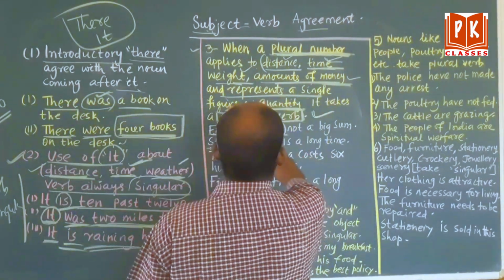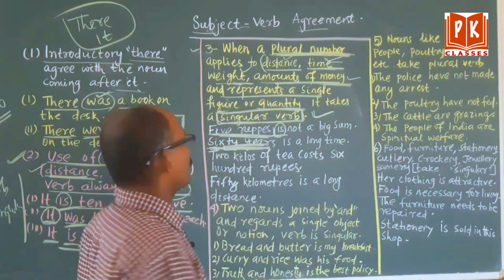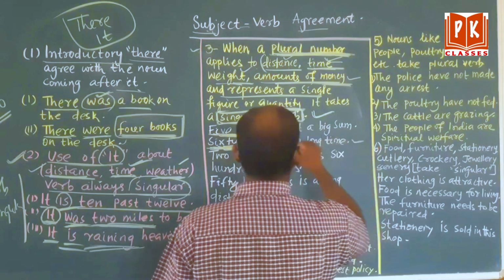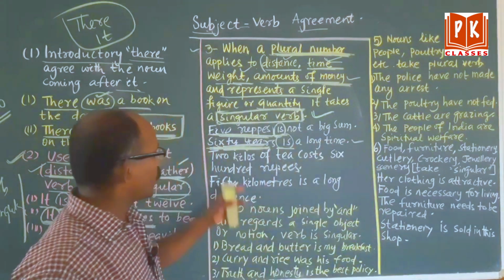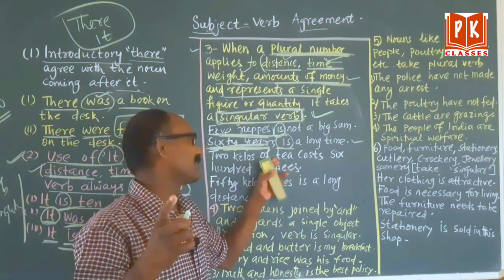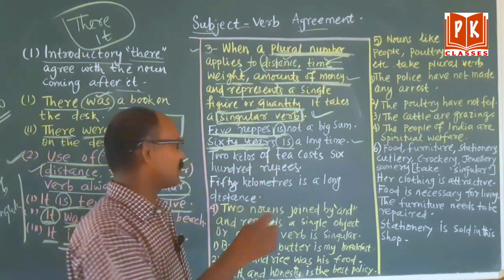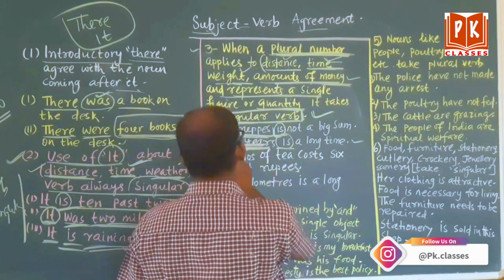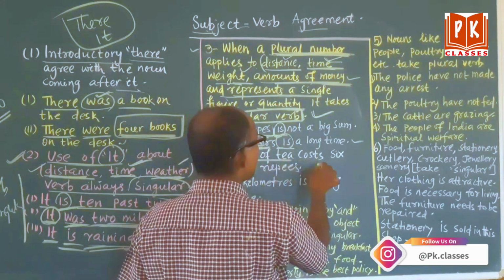It represents a single figure or quantity. So 60 years is a long time. Okay, singular, complete. Then 2 kilos of tea. 2 kilos. It seems plural, but it indicates 2. That means it represents a single figure or quantity. So 2 kilos of tea cost.